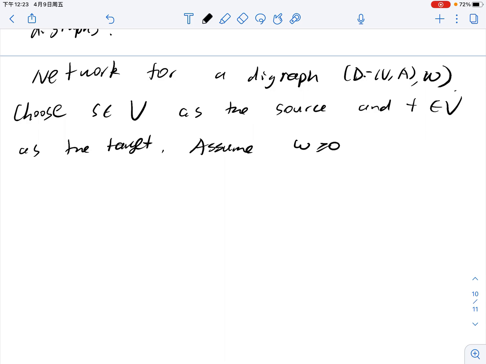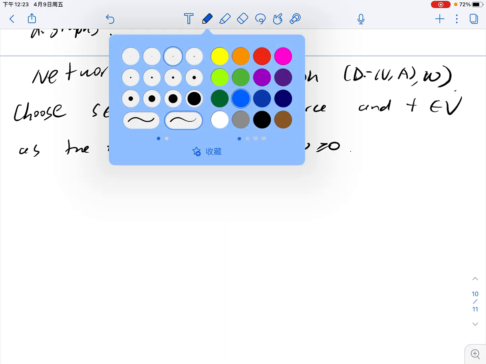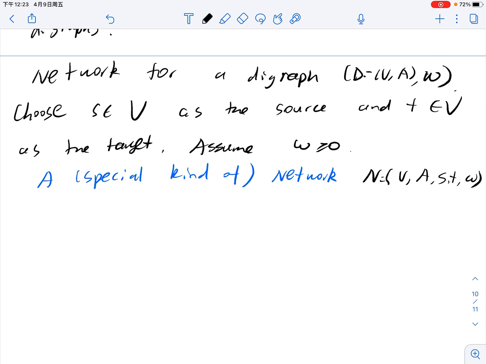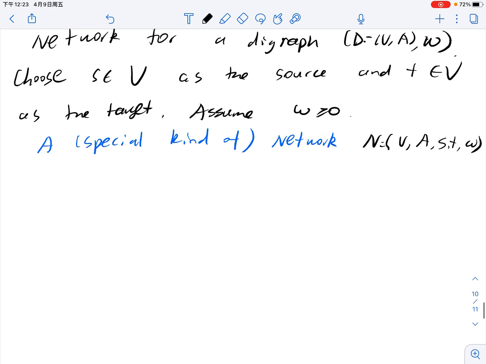So here is a special kind of network consisting of V, A, S, T, omega. So five pieces of information. And then we have the notion of a flow.